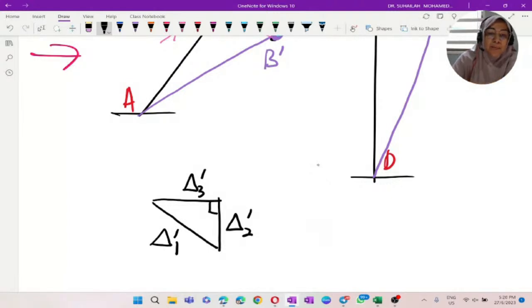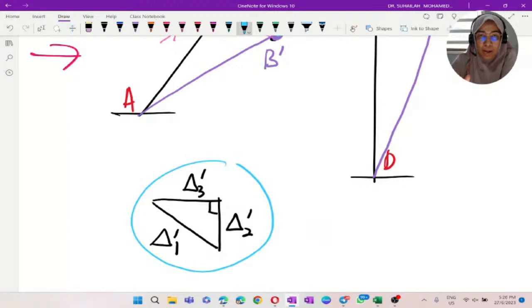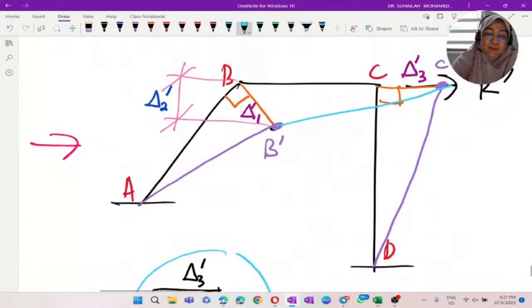Okay, so that means we can combine delta 1, delta 2, and delta 3 prime as one triangle in the frame. And this triangle is actually located here.